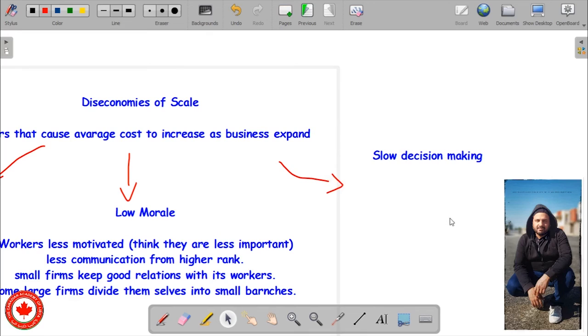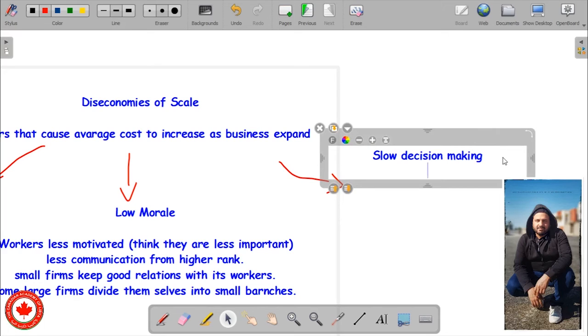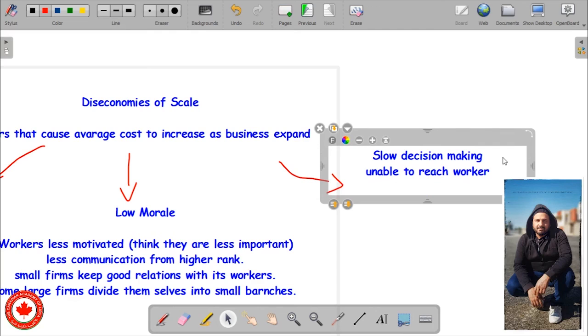Managers will be very slow in making decisions because they are unable to reach groups and workers as the business gets larger, and it will lead to a slow process of taking commands because the decisions are not delivered to the lower layers.